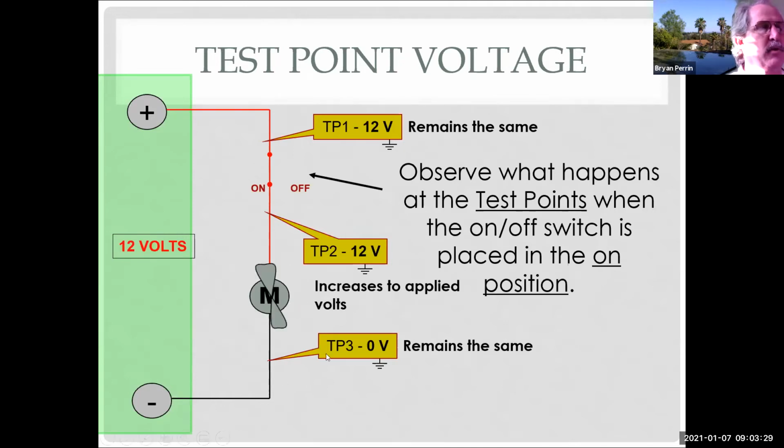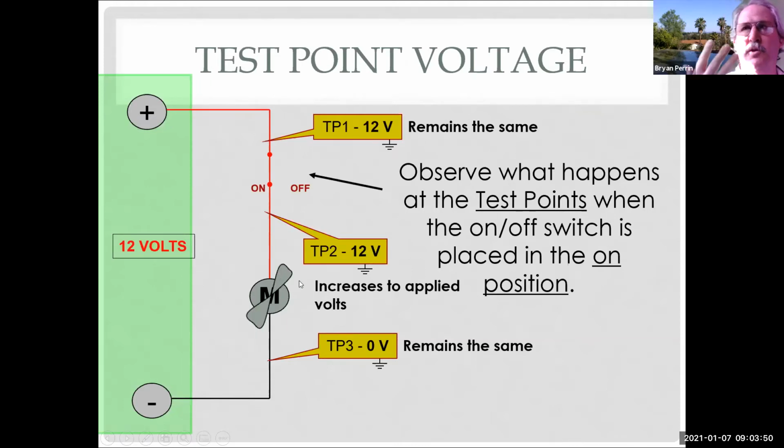And the motor doesn't work and they think the motor's shorted. No, if I have 12 volts at test point 3, that means what? I have to have an open or high resistance between test point 3 and ground, because we know ground is 0 volts. So the only way test point 3 can have voltage is if there's resistance between test point 3 and ground. Because we start with our 12 volts, we use it all in our load. I only have one load.